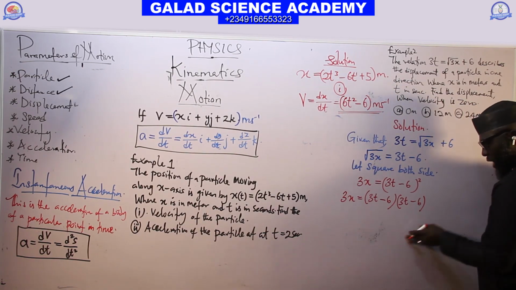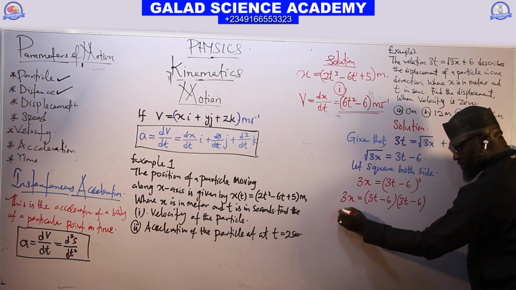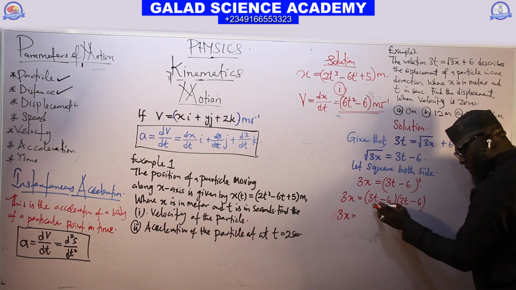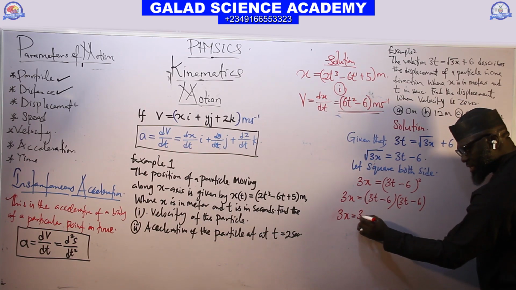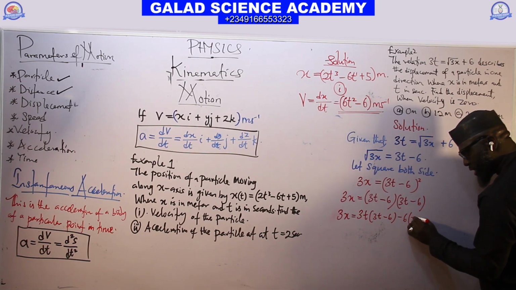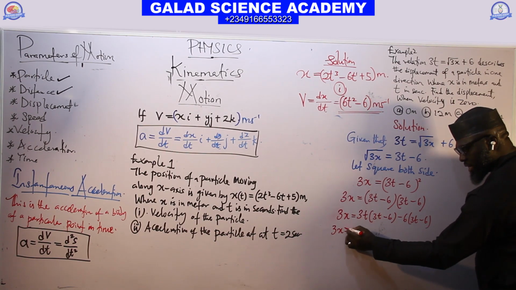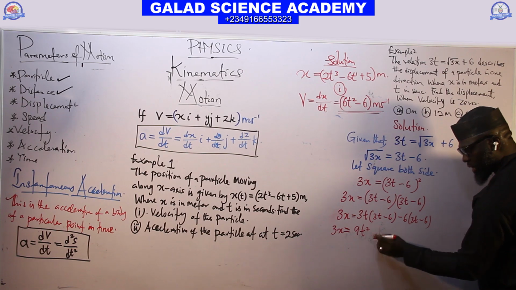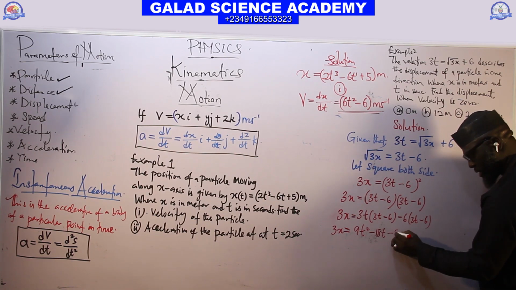So you now need to expand the expression. Multiplying out, 3t times 3t gives us 9t squared. 3t times minus 6 is minus 18t, and another minus 6 times 3t is minus 18t.